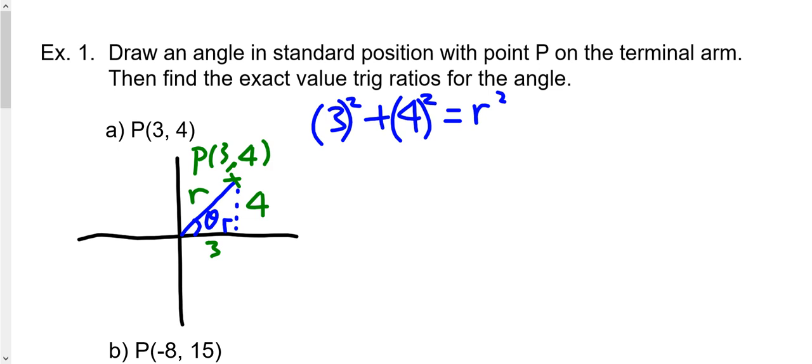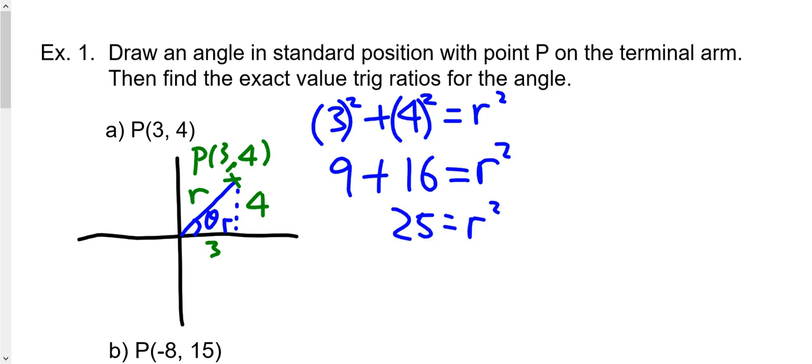So now let's solve this. 3 squared gives you 9, plus 4 squared gives you 16, and R squared is still R squared. Now add them up, 9 and 16 gives you 25, equals R squared, and then R is 5. Some of you may say, Chen, you just took the square root.